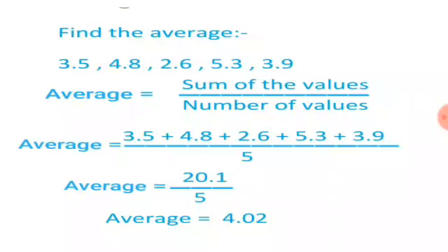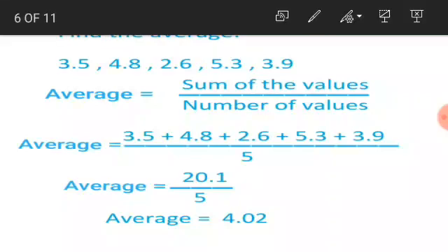So here first we can write the numbers that are 3.5, 4.8, 2.6, 5.3 and 3.9 divided by number of values, means 1, 2, 3, 4, 5.